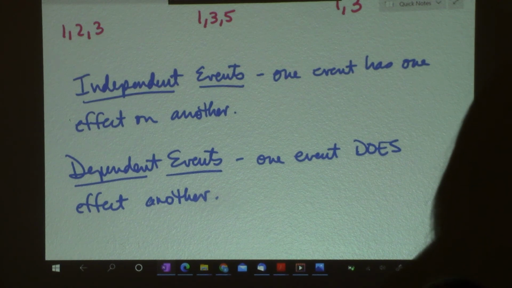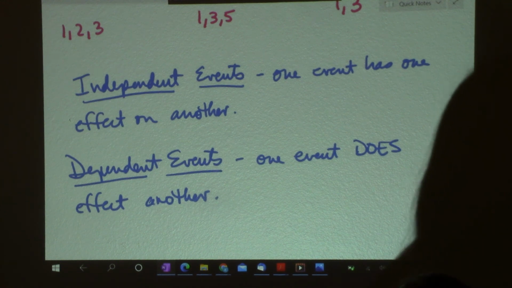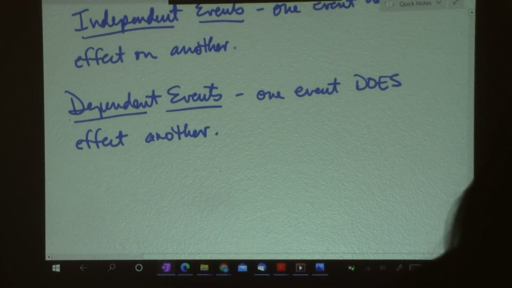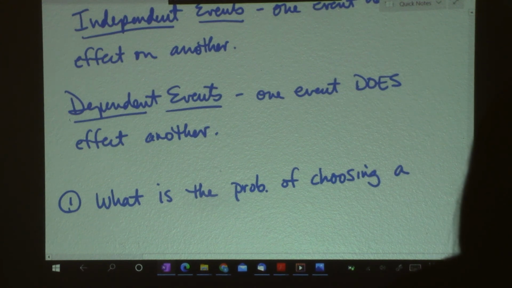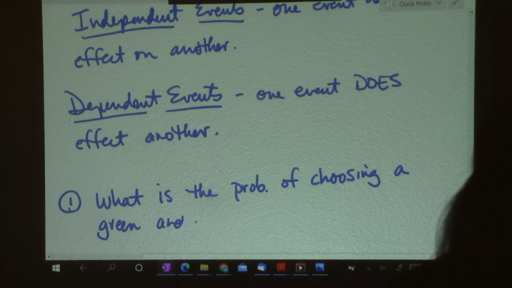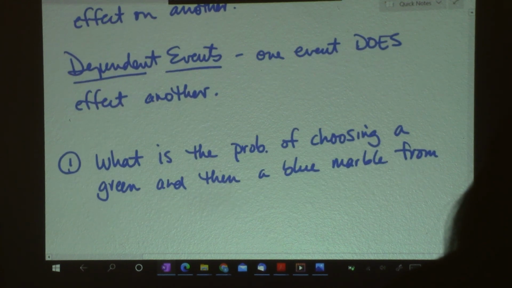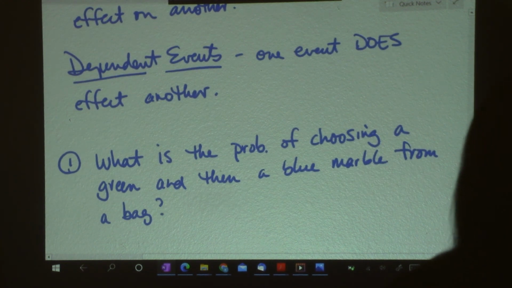Okay, so let's look at some examples of this. Okay, so here's our event. What is the probability of choosing a green and then a blue marble from a bag? Okay?